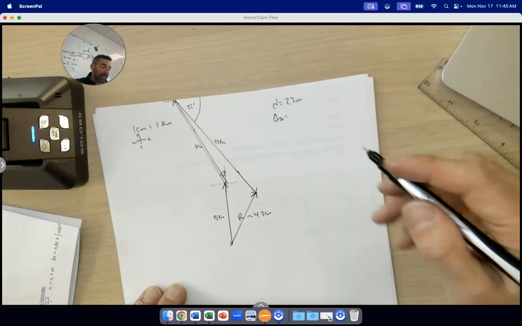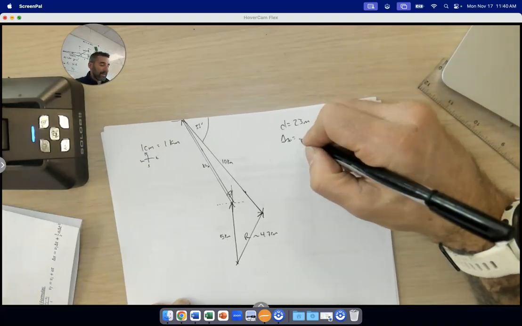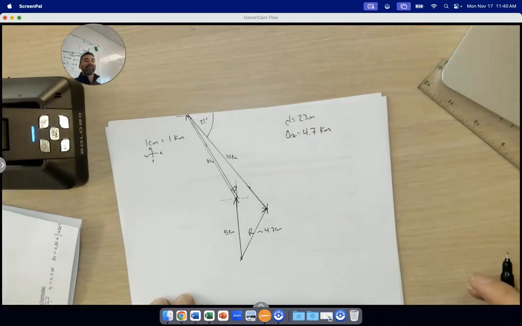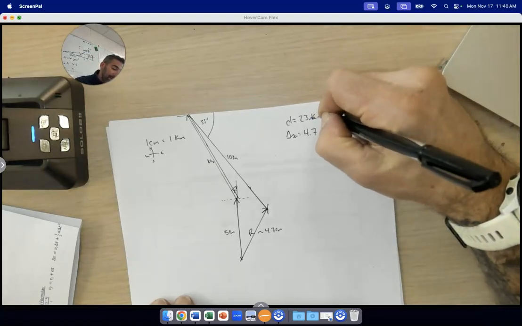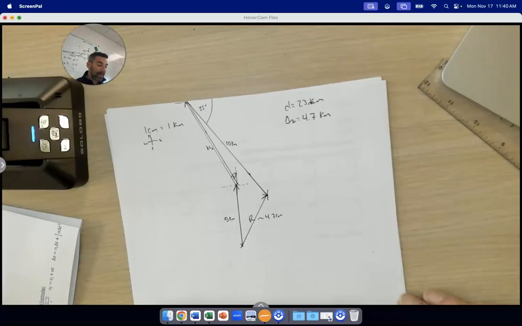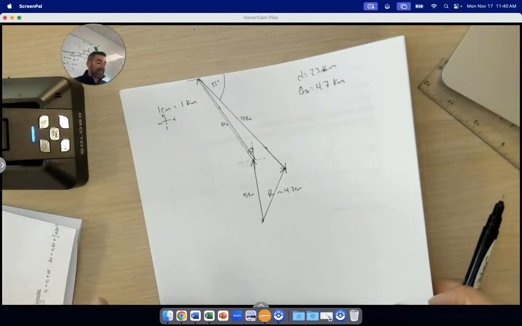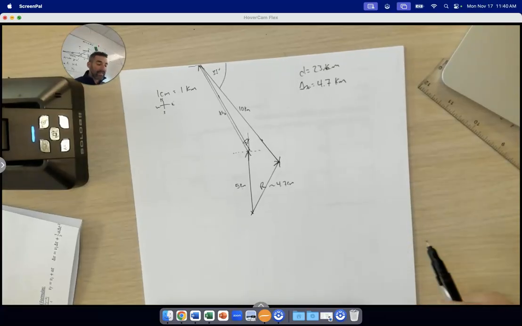Based on my scale, my displacement is 4.7 kilometers because every centimeter represents one. Oh, that's meters. That should say kilometers. 1 kilometer. Now, that is still not a displacement because a displacement has a definite size and direction.